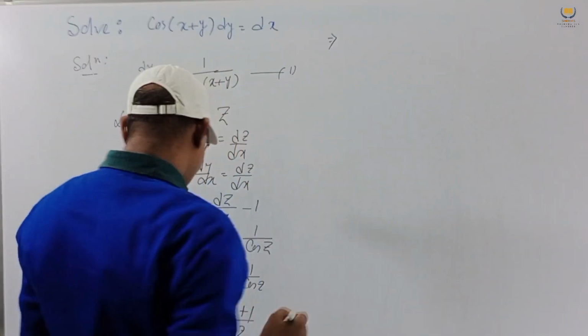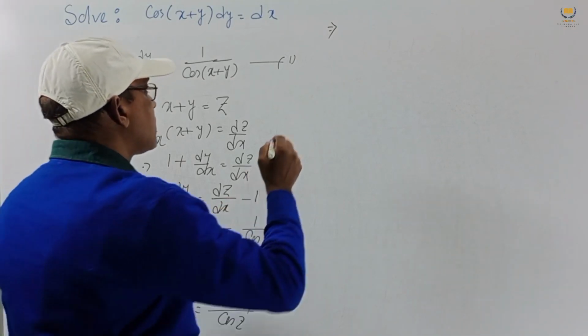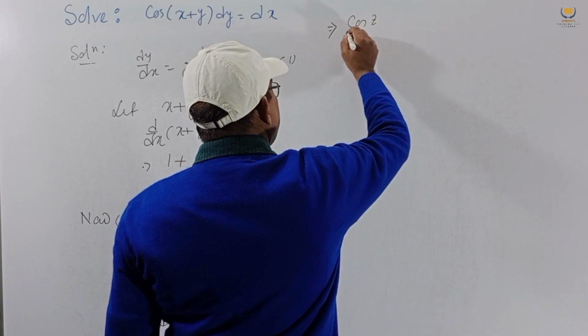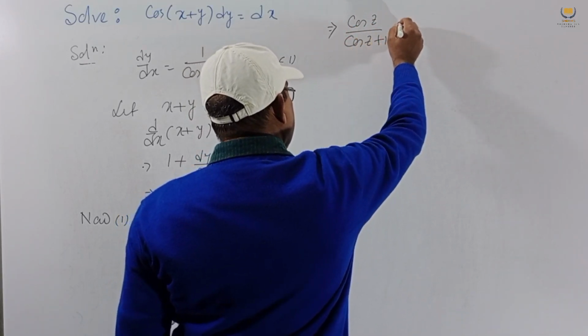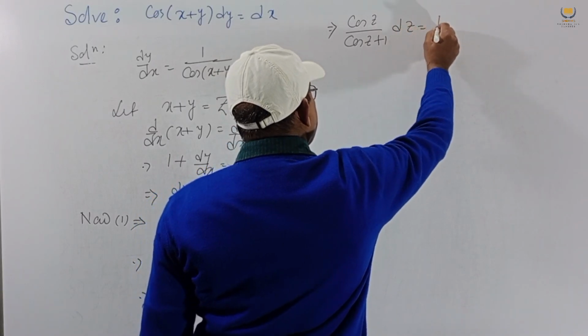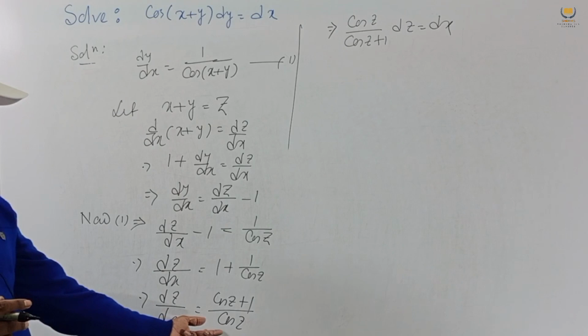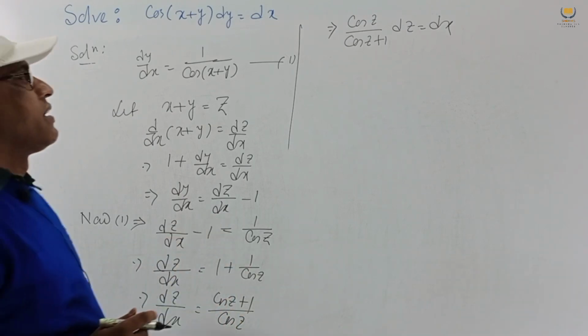If we separate the variables, dx multiplying on the right hand side, cos z by cos z plus 1 dz equal to dx, we get this. Cos z this side, this one dividing this side, and dx on the right hand side multiplying.